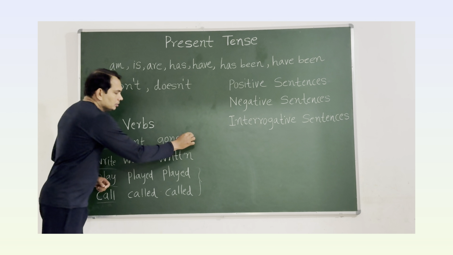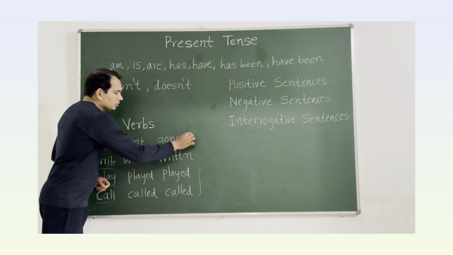If we take this example, write. Next one, play. The last one, call. The base form of the verbs, or the first form of the verb, is used in the simple present tense.